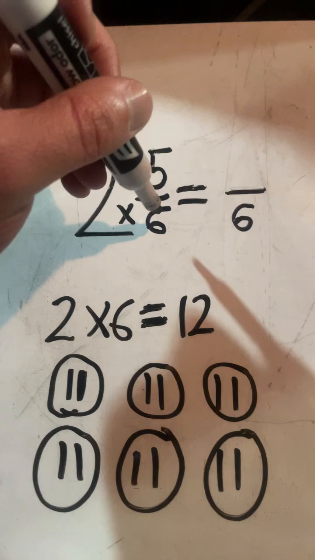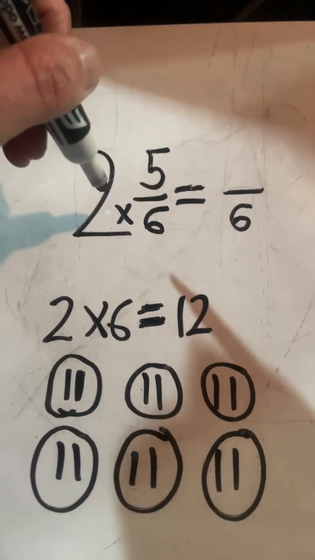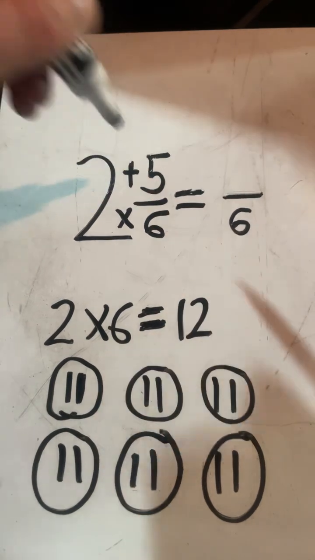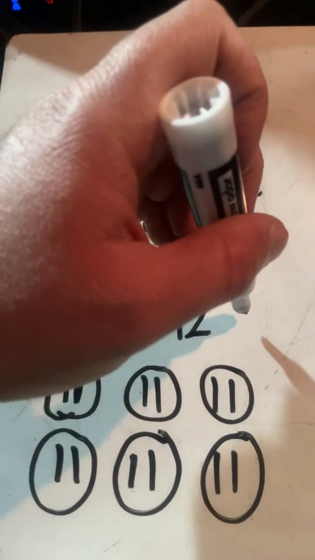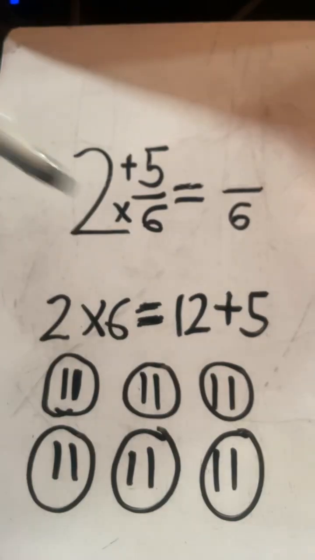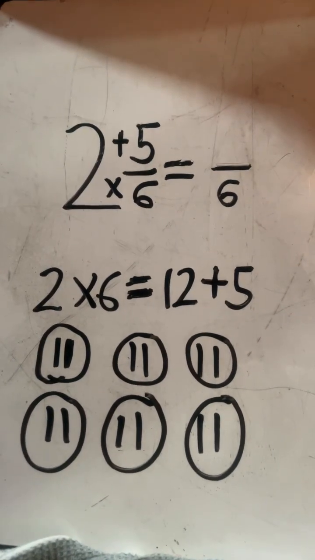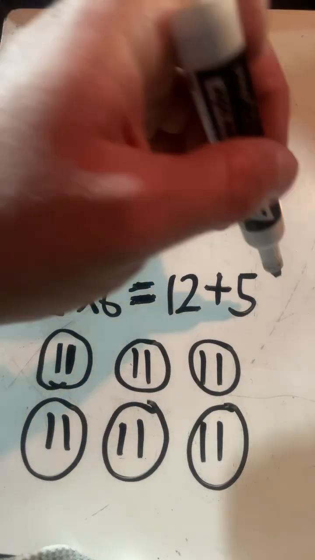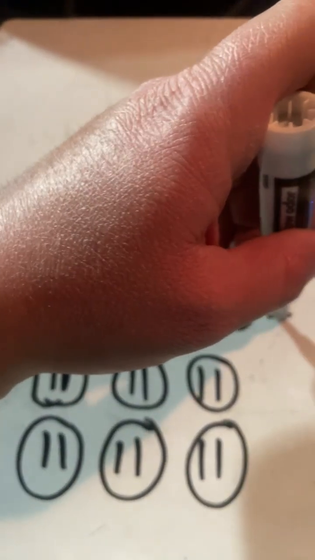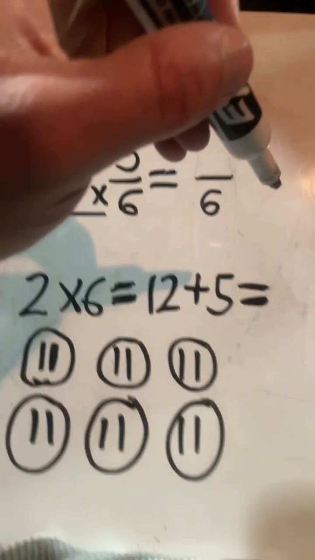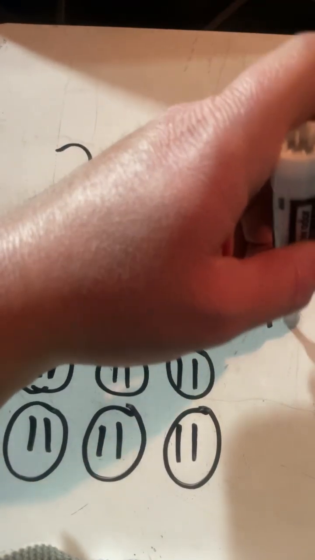So far we have multiplied the denominator times the whole number. Now the next step is we have to add the numerator. So we're going to add 12 plus 5, which equals 17.